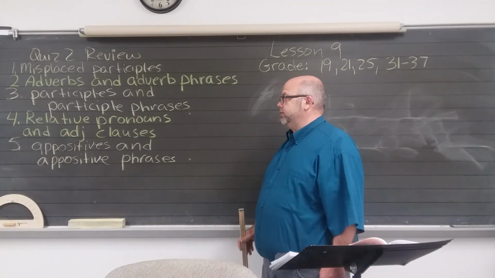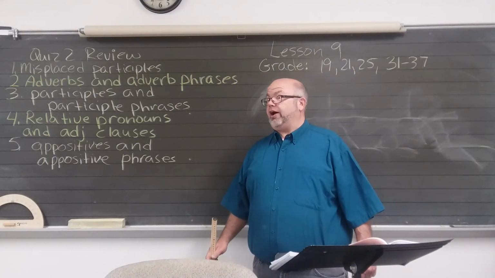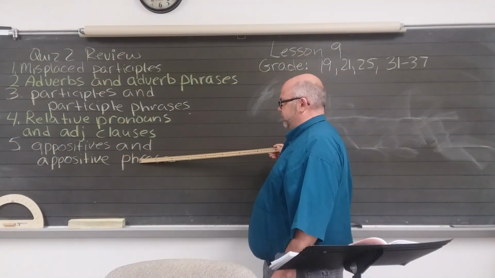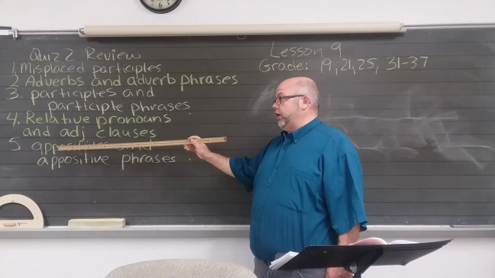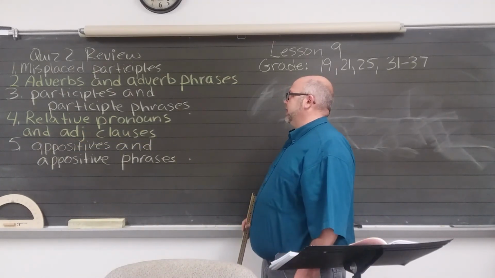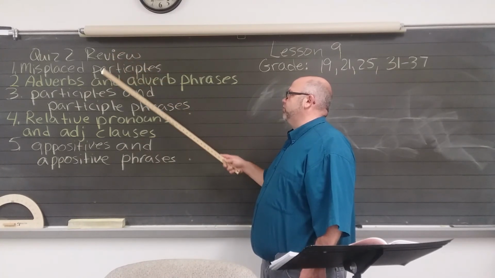Okay? So, Ellie, my amazing daughter. My amazing daughter would be the appositive phrase, and Ellie, a daughter, would be the appositive, renaming Ellie without a linking verb. That is basically what is on Quiz 2 for Friday.